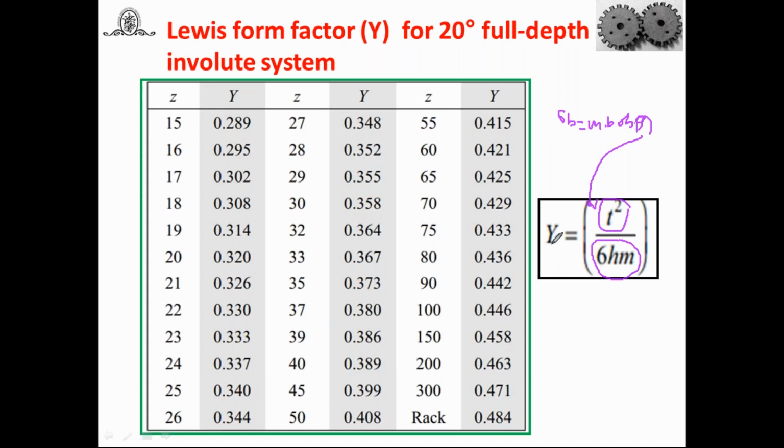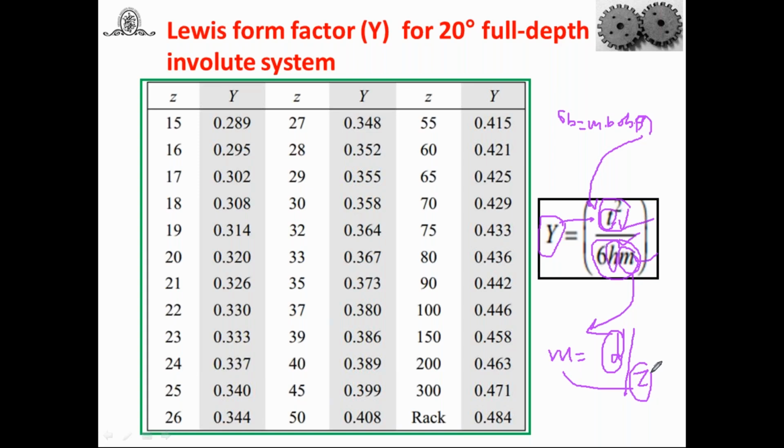If anyone asks you what the Lewis form factor depends on: t, the tooth thickness, correct? Then it depends on h, the height of the tooth, and it depends on m. Again, you know very well this m is equal to d upon z.